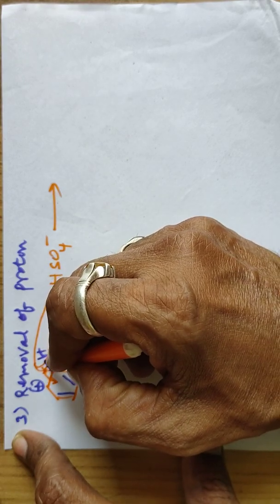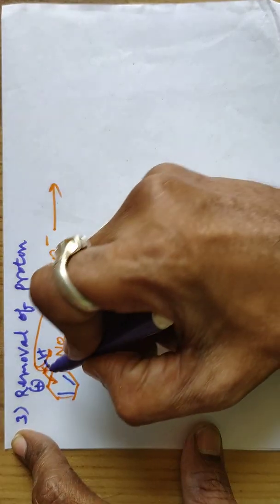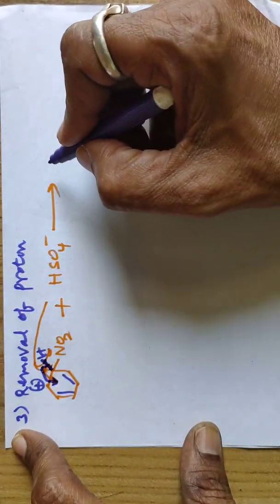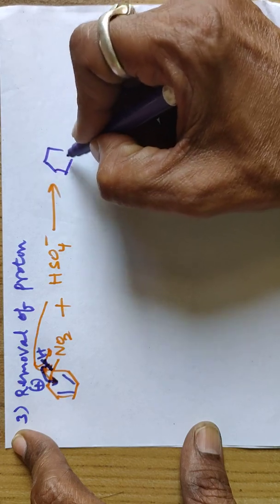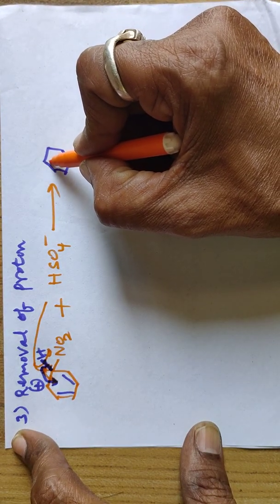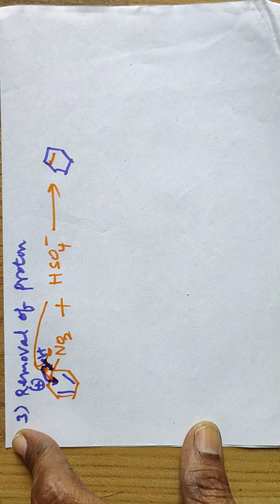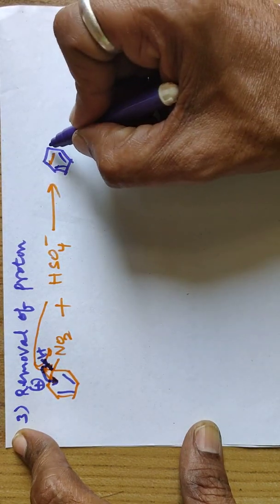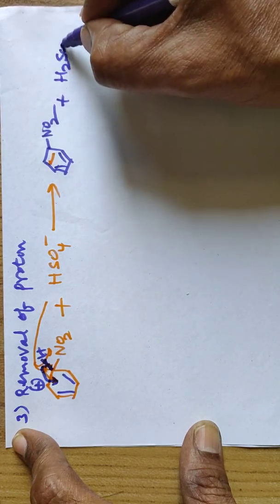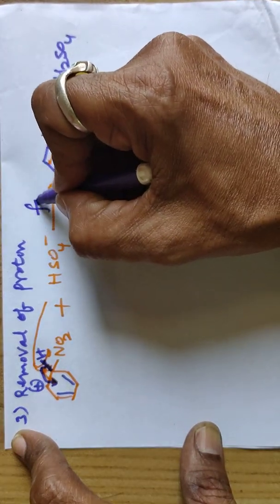These sigma bonded electrons are delocalized, and an aromatic ring results. So here a pi bond is produced, and here NO2 there, plus H2SO4. Yes, it is a fast step.